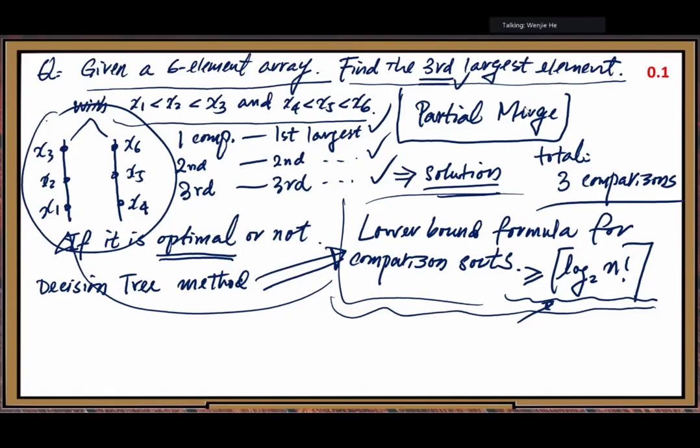We need to add this ordered chain information in our decision tree structure so that we can update our lower bound formula.